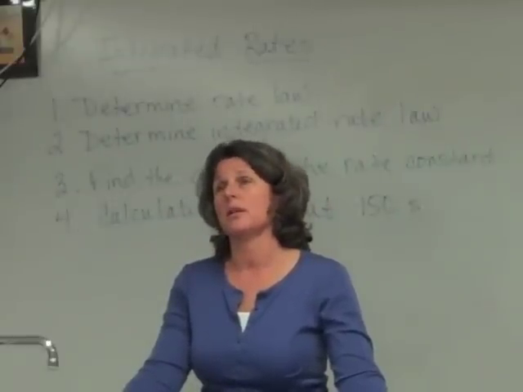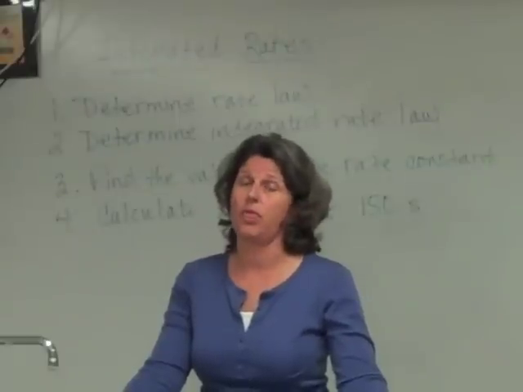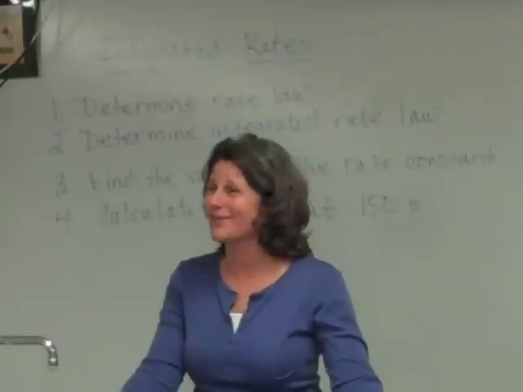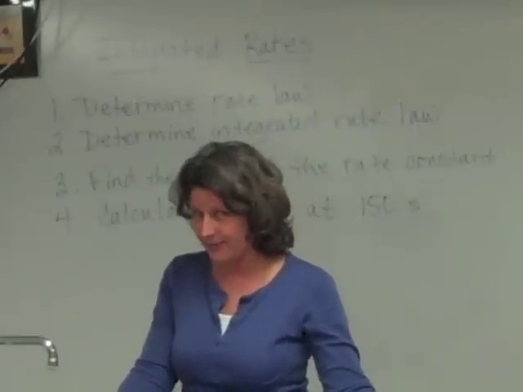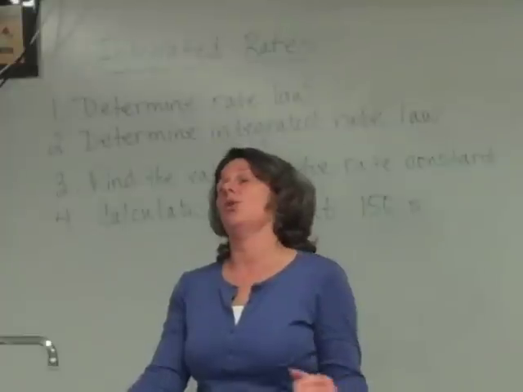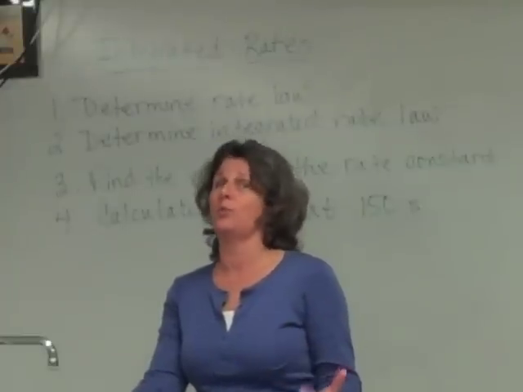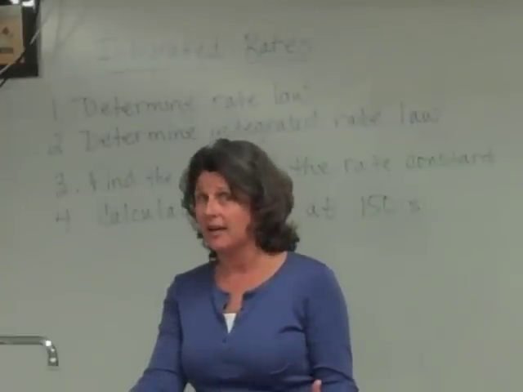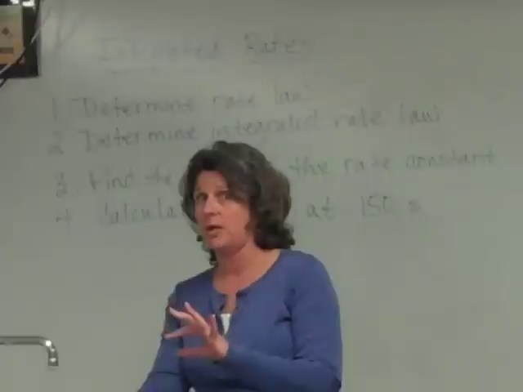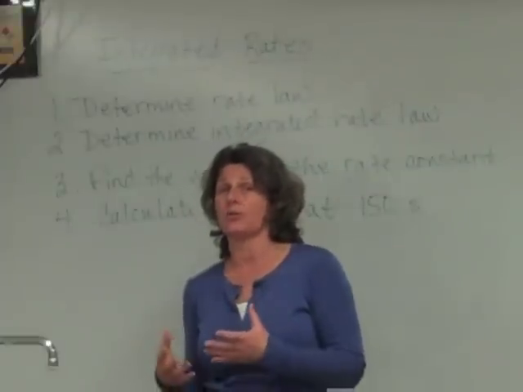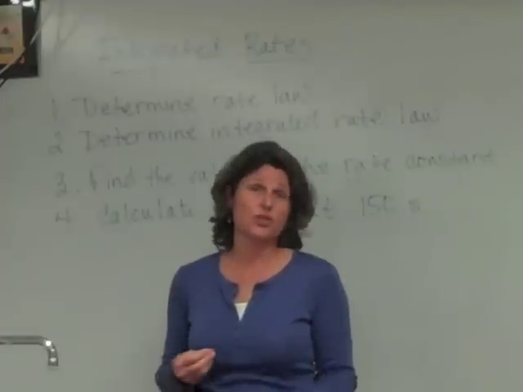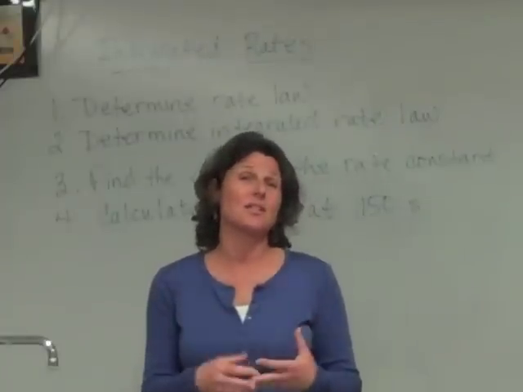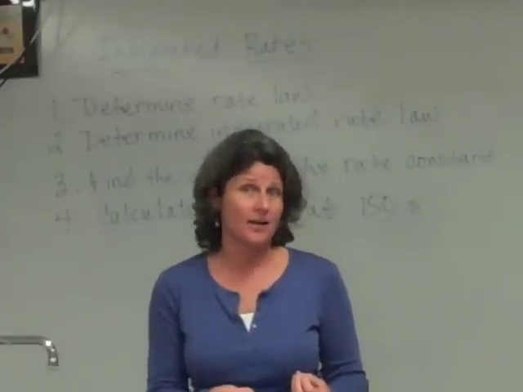Or is it the reciprocal of concentration versus time? That's what we need to do when we're given integrated data, concentration and time: we need to figure out what graph is going to give us the straight line, and that tells us the order of that reactant.